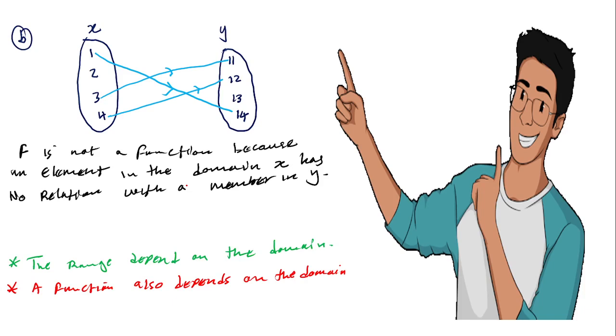This same applies to a function. A function cannot exist if there is no domain. A range, the output, us, cannot exist if the domain, our parents, were not there. I hope that is clear.